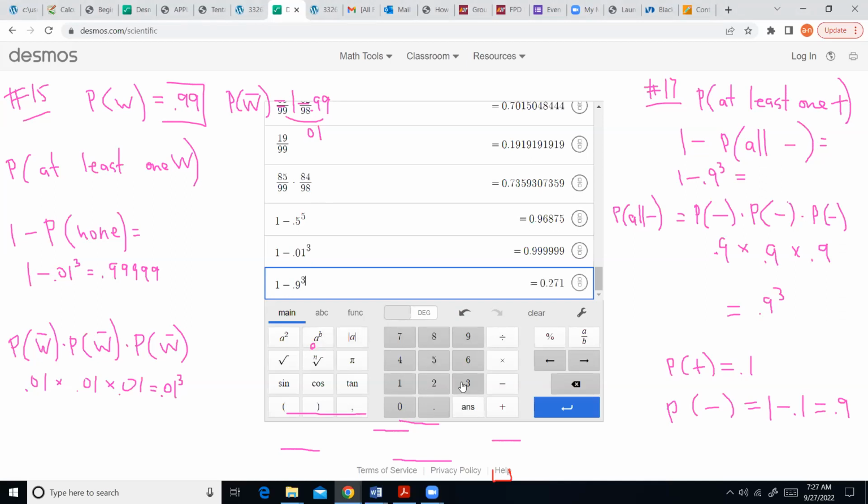So for all 3 negative we get 0.9 cubed, but for at least one positive, it's about 27%, 0.27. So I guess we got the idea of this, at least one.